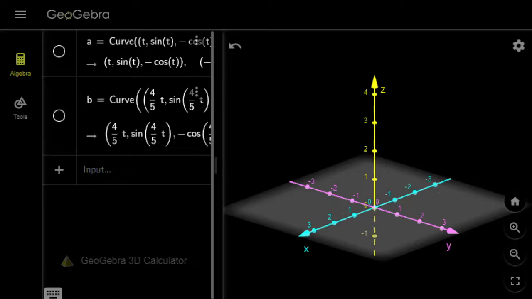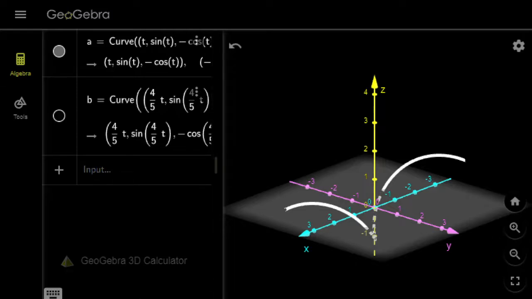And if I get rid of that one and bring the old graph back, you can see that they are, in fact, the exact same curve. If I traced across this using the new parameterization, you would find that the ball was moving a little bit slower, but it's still the exact same thing.